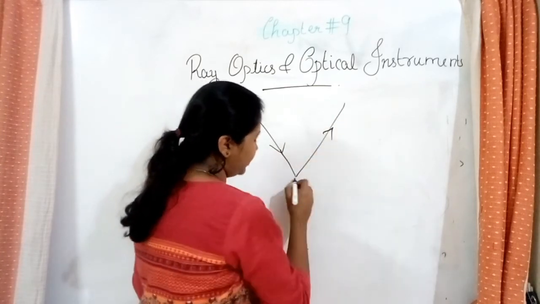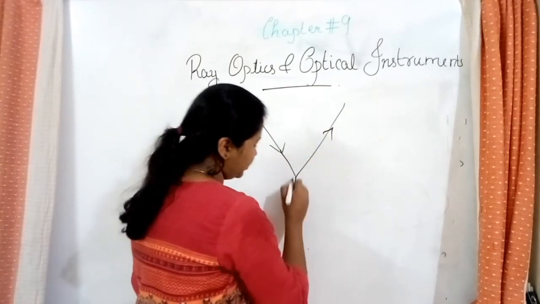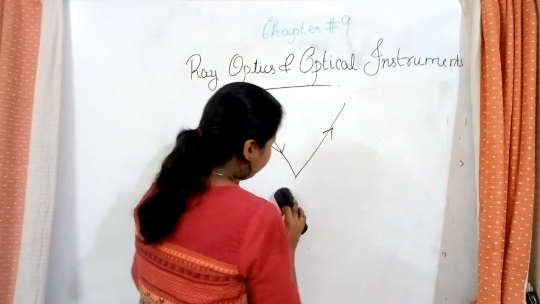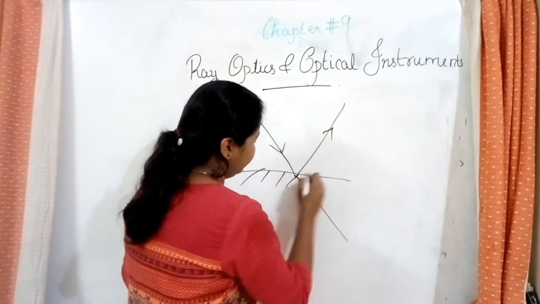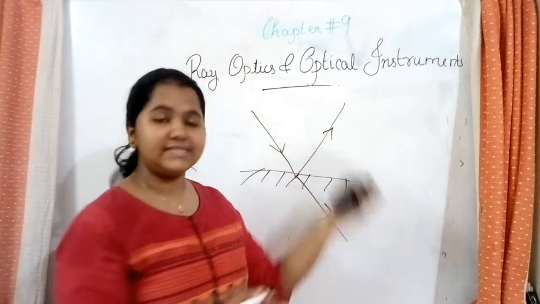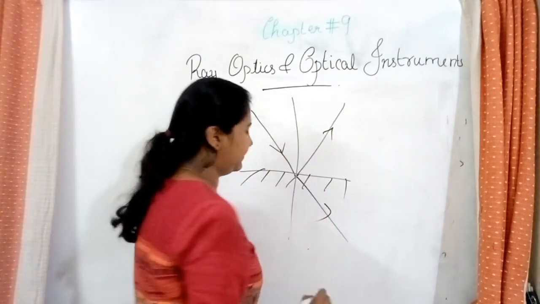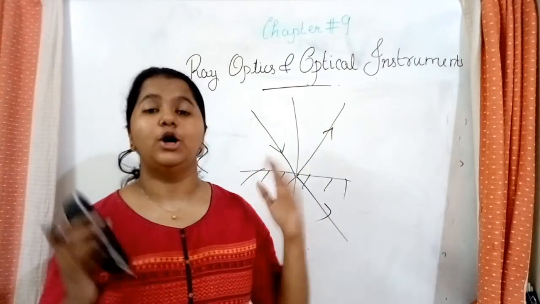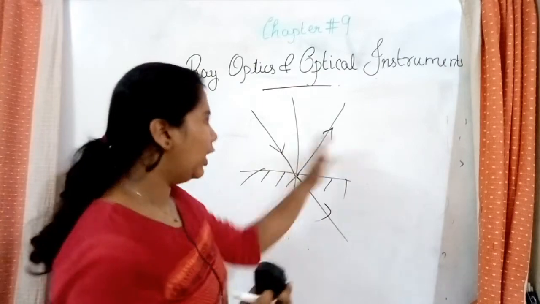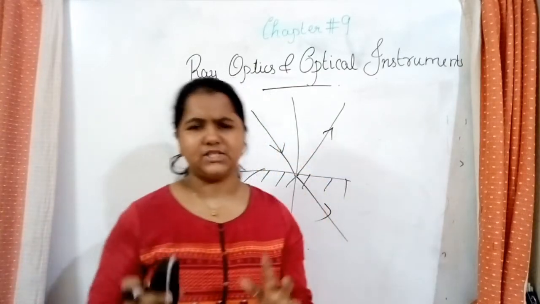This is reflection, this is refraction, and there is absorption also. So, all these three would happen. It's not alone reflection, not alone refraction, not alone absorption. All three happen in any situation.